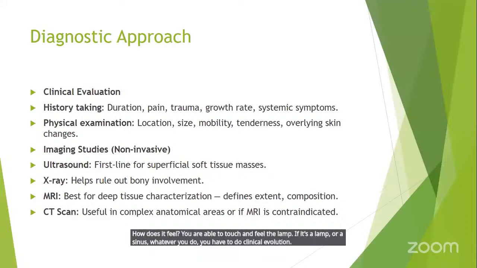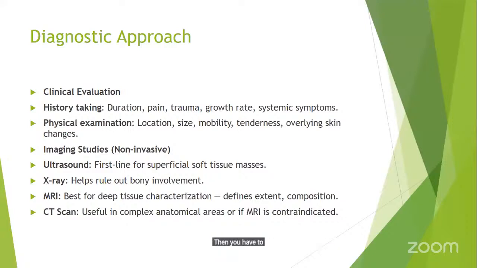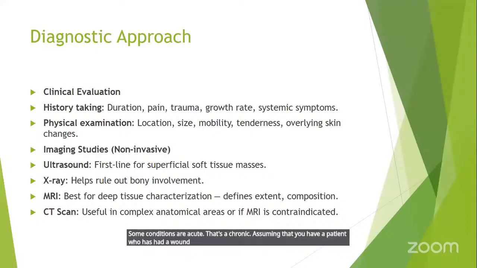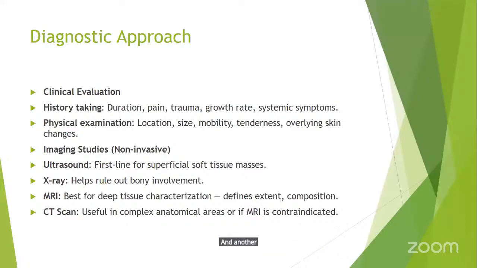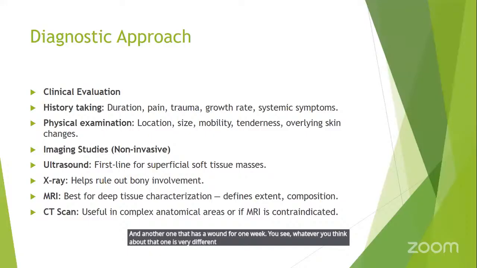Then you should be able to take history. Some conditions are acute, others are chronic. Assuming you have a patient who has had a wound for 20 years and another one who has had a wound for 1 week, whatever you think about that wound is very different. One could be associated with cancer, and the other with an acute bacterial infection.